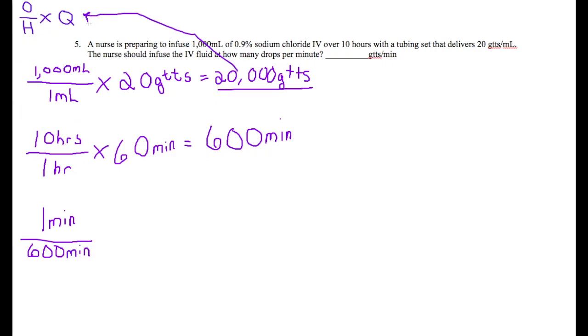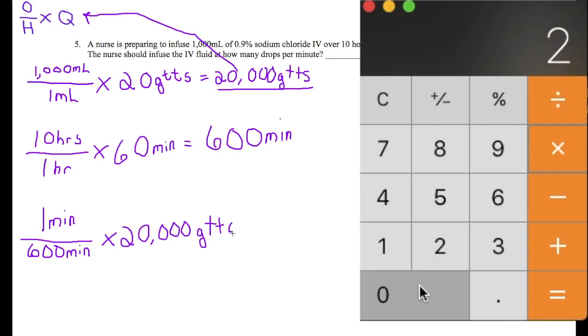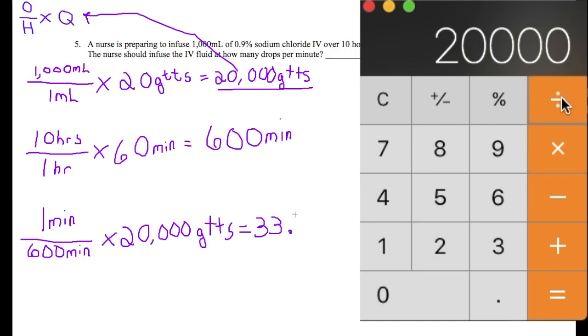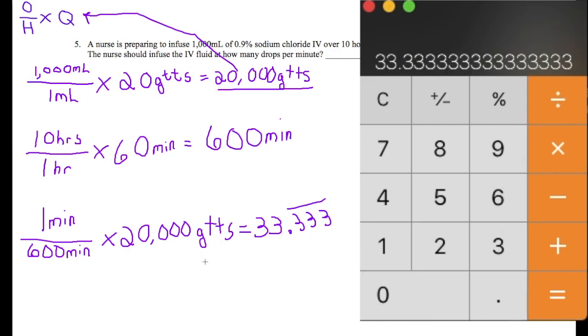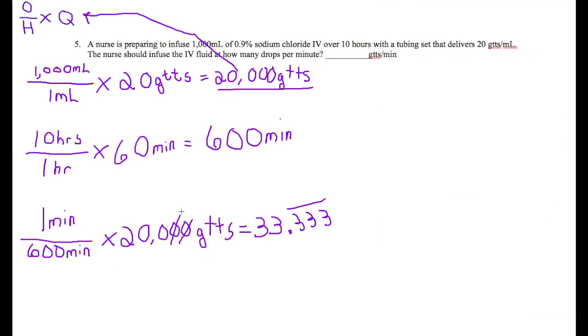And I'm going to multiply that times my quantity, which is going to be 20,000 drops. When I put this into the calculator, it comes out to 33.3333 repeating.